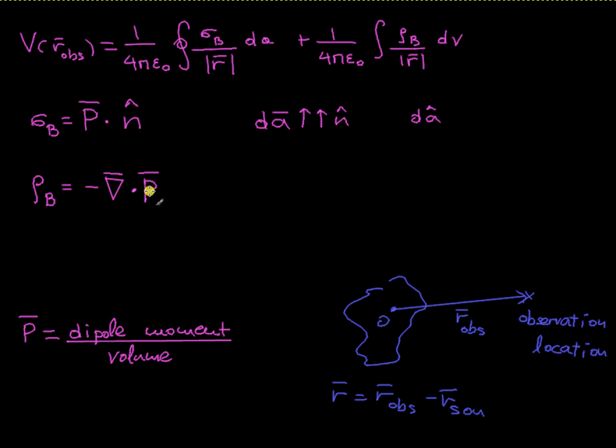So again, if you have polarization, you can calculate this volume charge density, and then do the integral. The sum of the two will give you the potential at your observation location.